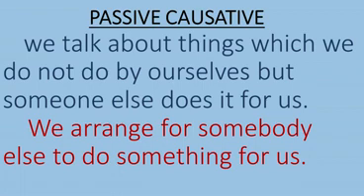When we talk about this kind of thing in English, there are two sentence structures or sentence patterns we can use. Now I will show you these two patterns, then we can discuss it.